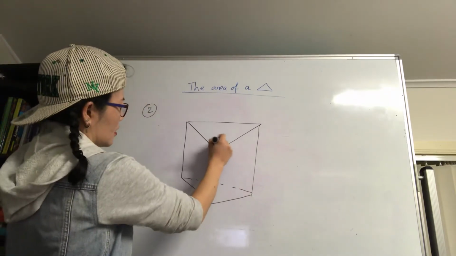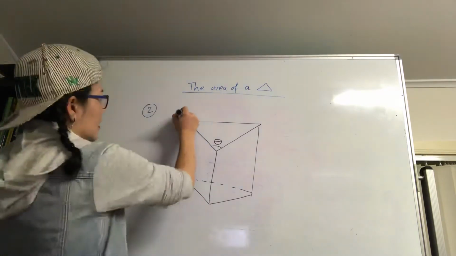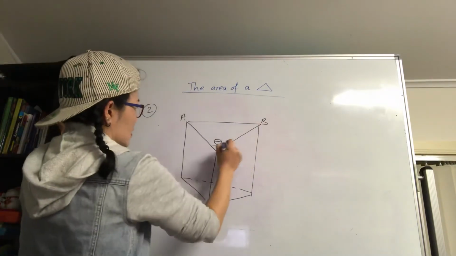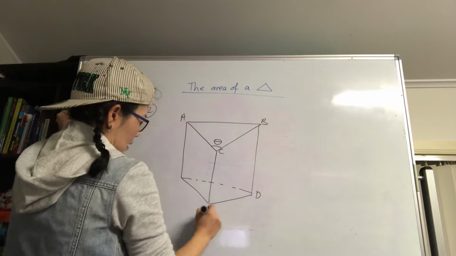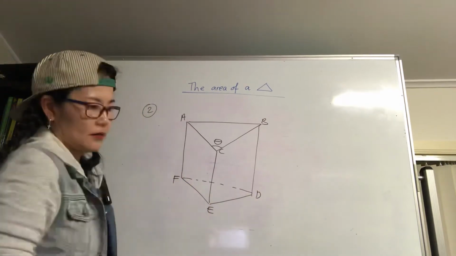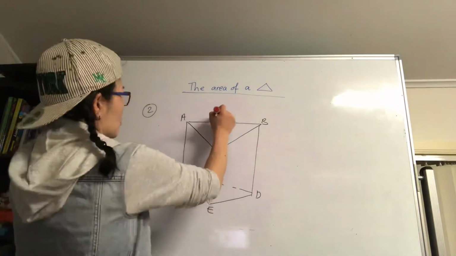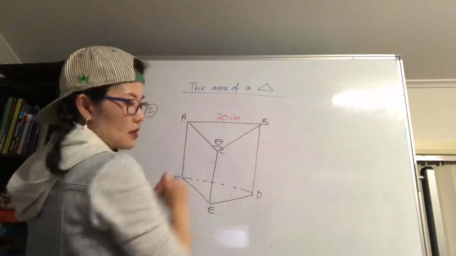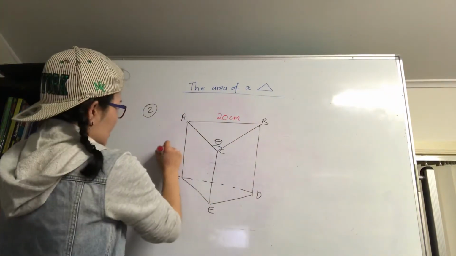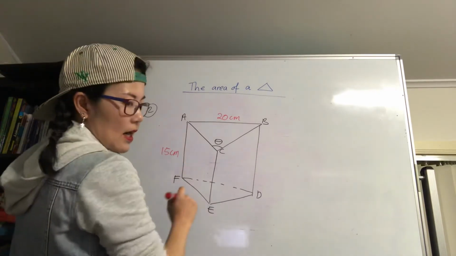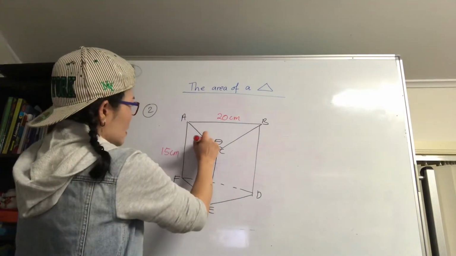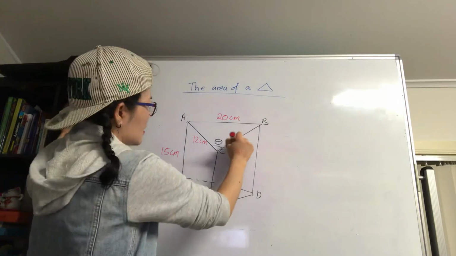I'm going to call this angle theta, and I'm going to name the vertices A, B, C, D, E, F. And I'm going to put all the measurements, 20 centimeters and 15 centimeters, 12 centimeters and 10 centimeters.